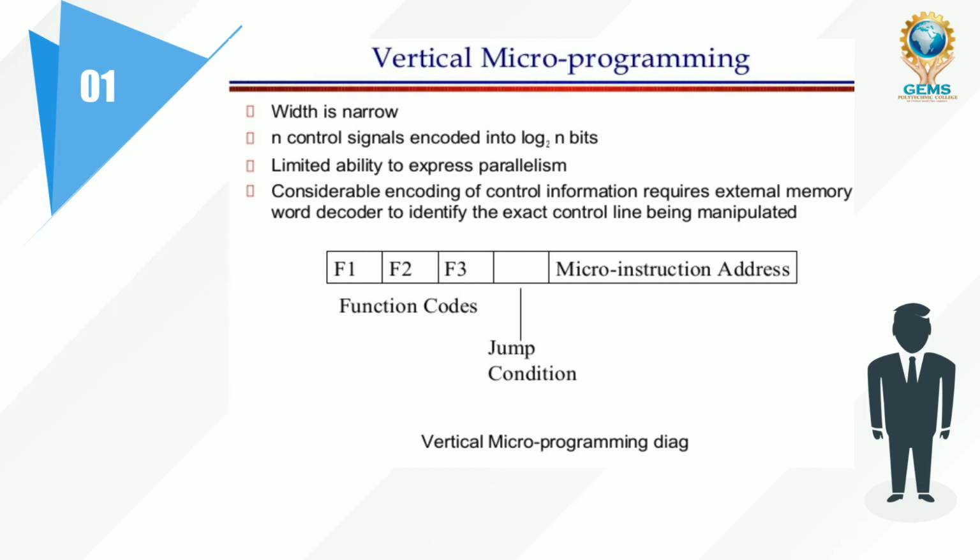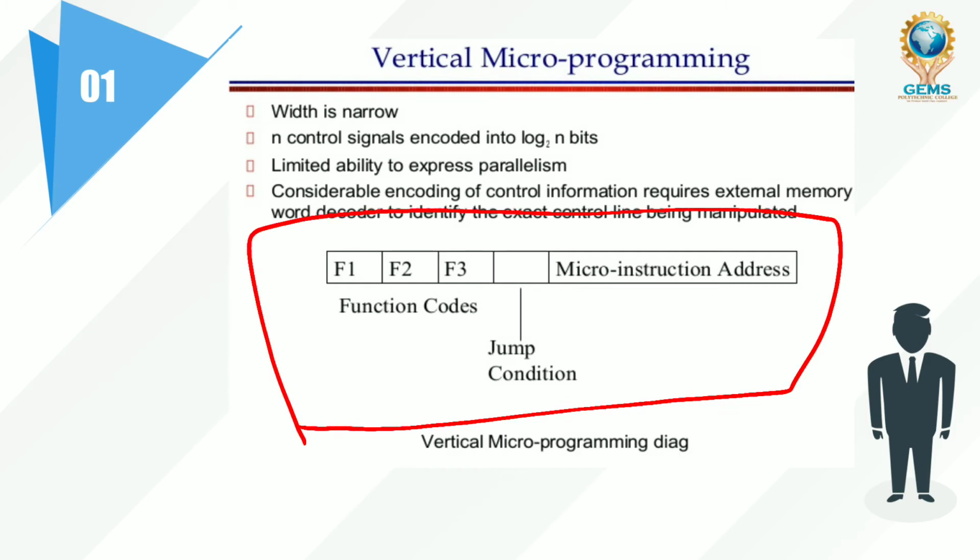As I already said, this is a 20-bit register. 7 bits in total are for the address register, and this one is a conditional branch, and F3, F2, F1 are the 3 different opcode fields.